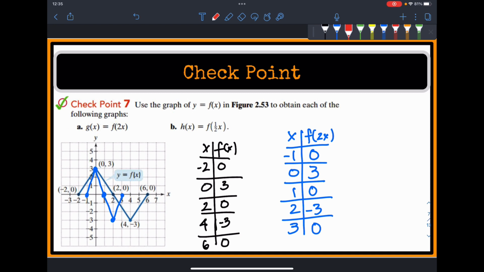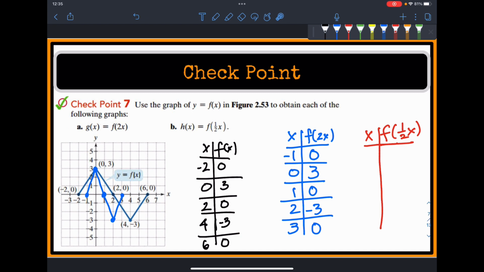And for h, which is equal to f of 1/2 x, that's going to multiply all of the x values by 2. Well, divide by 1/2. It's going to divide all of the x values by 1/2, which is the equivalent of multiplying by 2.